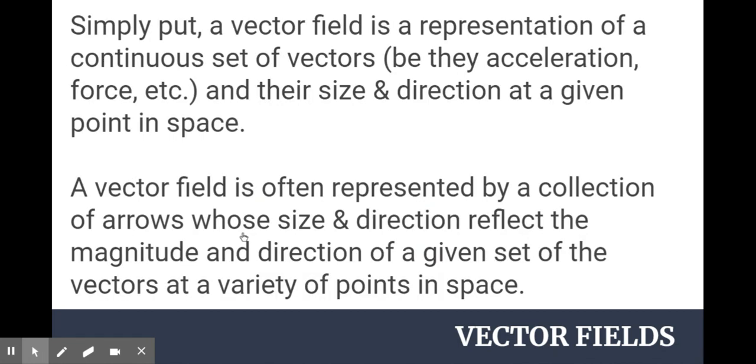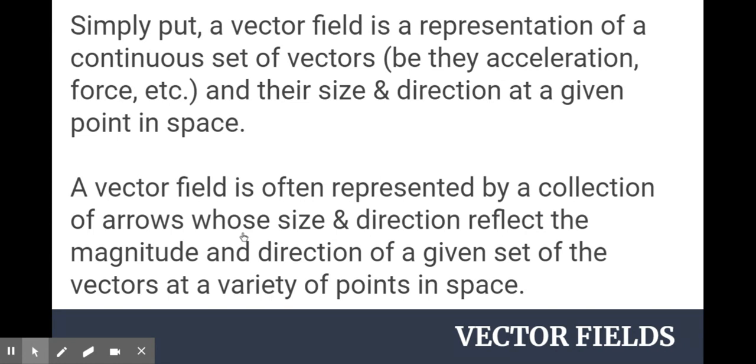So first off, before we can launch into what gravitation is, we need to understand something called a vector field. Now, we know what a vector is. A vector can be represented by an arrow pointing in the direction that something could be moving, or the direction that a force is being applied, and the size of that arrow helps us understand how big that vector is.